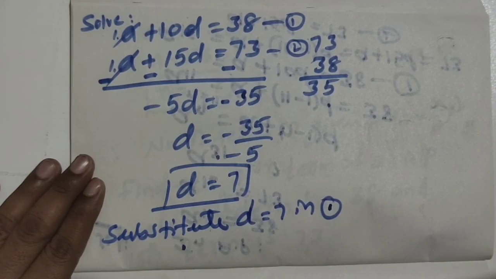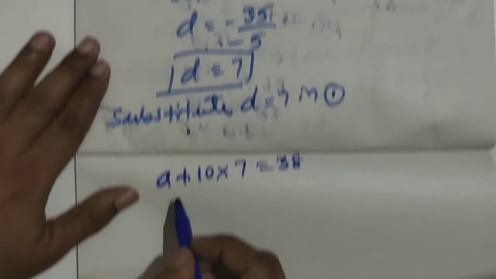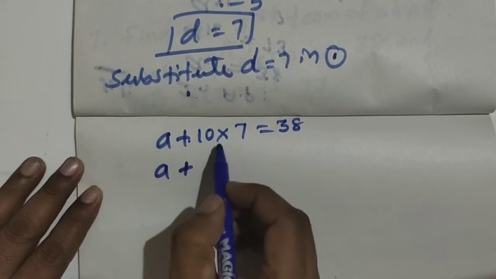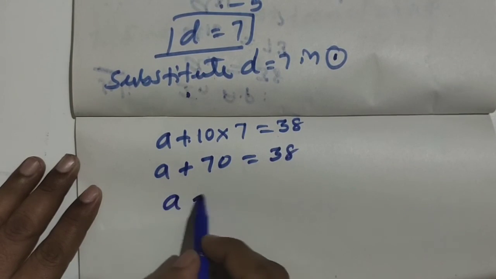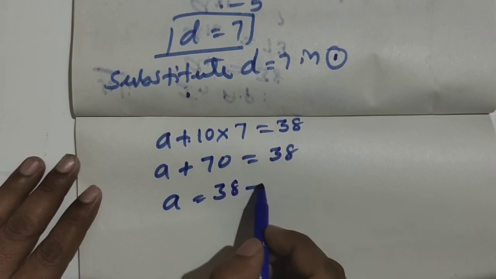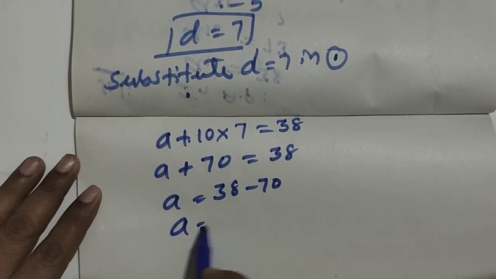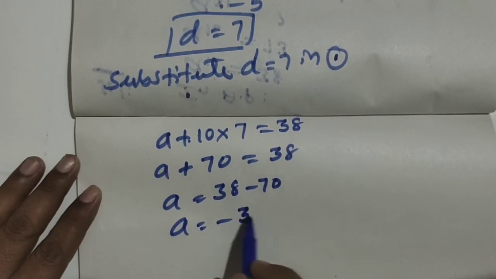Now substitute d: a plus 10 into 7 is equal to 38. Then a plus 70 is equal to 38. Then a is equal to 38 minus 70. Then we get simply a is equal to minus 32.